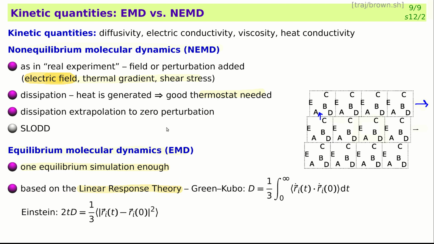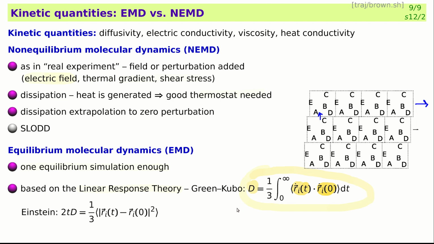And one example of such a formula here, just an example, you don't have to memorize it, of course. Thus, the diffusivity can be calculated from the correlation between the velocity of a particle at time t and its velocity at time 0. And this correlation is integrated over time. There are more complicated formulas for viscosity, for electric conductivity, and so on.